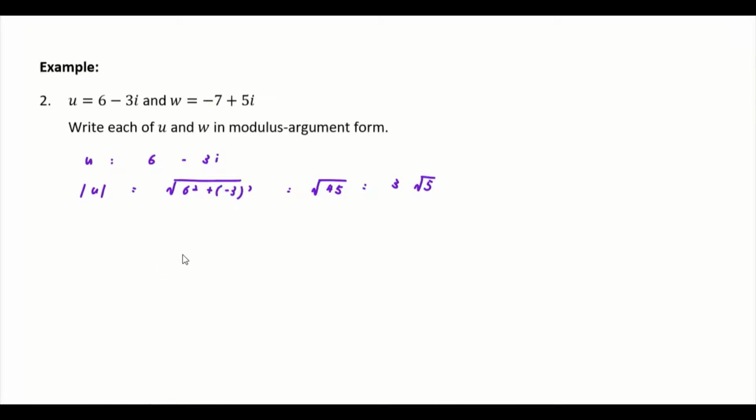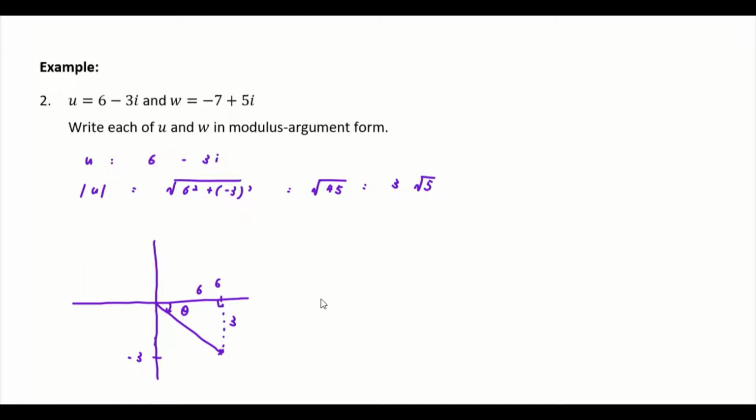Same thing, we can try to draw it. 6 and then negative 3 means it's in quadrant 4. So this is going to be 6 and this is going to be negative 3. Let's draw the right angle triangle. We have 6 here and 3 here. This is our theta that we want to find.